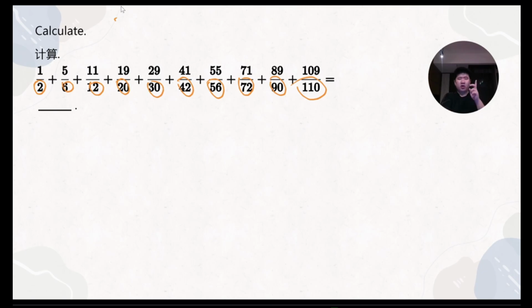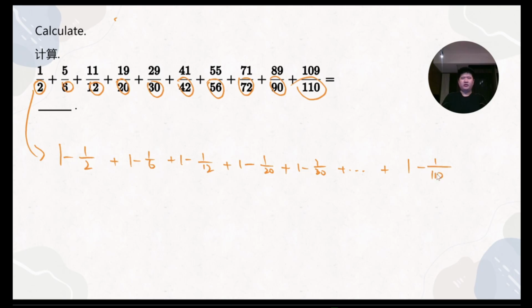To define, the numerator is always 1 smaller than the denominator. 我们的分子是不是永远比分母要小1啊？For this kind of thing, each of them we can just write as 1 minus a unit fraction. 对于这种情况，既然我们的分子永远比分母小1，我们就用1减去一个对应分母的单位分数。And it becomes 1 minus a half plus 1 minus a 1/6 plus 1 minus 1/12. 就这样一直的减下去。And finally, we just got 1 minus 1 over 110.